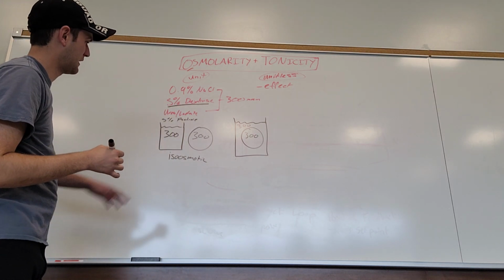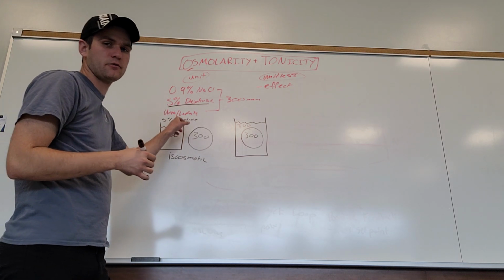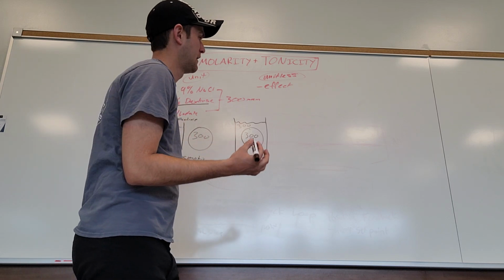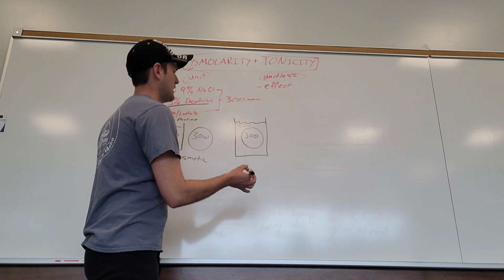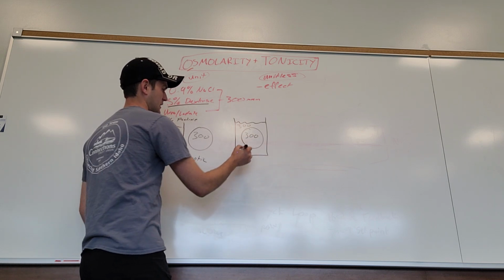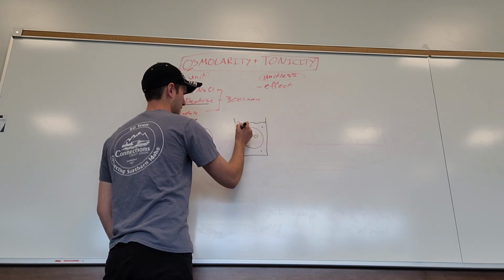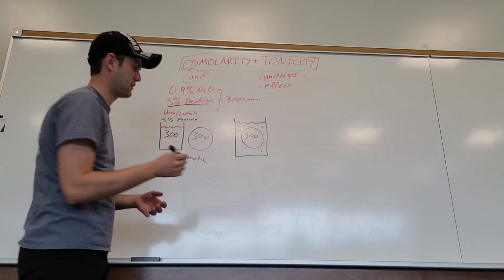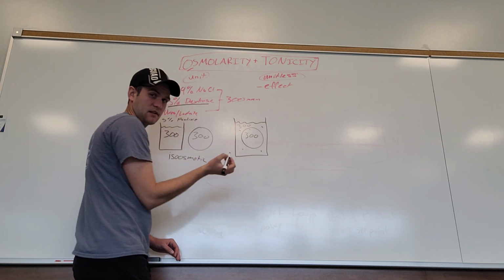But one thing you have to know about dextrose and glucose is what's called a penetrating solute. What penetrating means is that it is able to penetrate through our membrane, okay? So what's going to happen is we have our dextrose or glucose, we put our cell in that solution, and osmosis is going to occur.